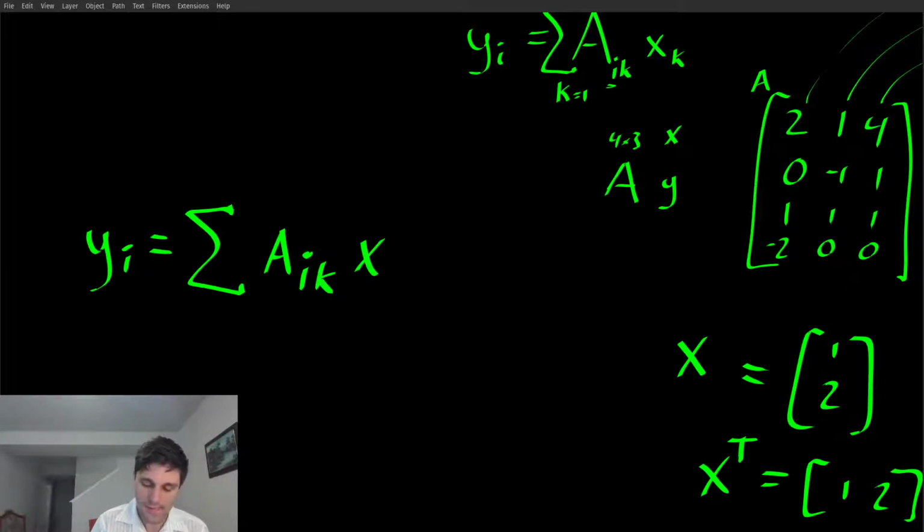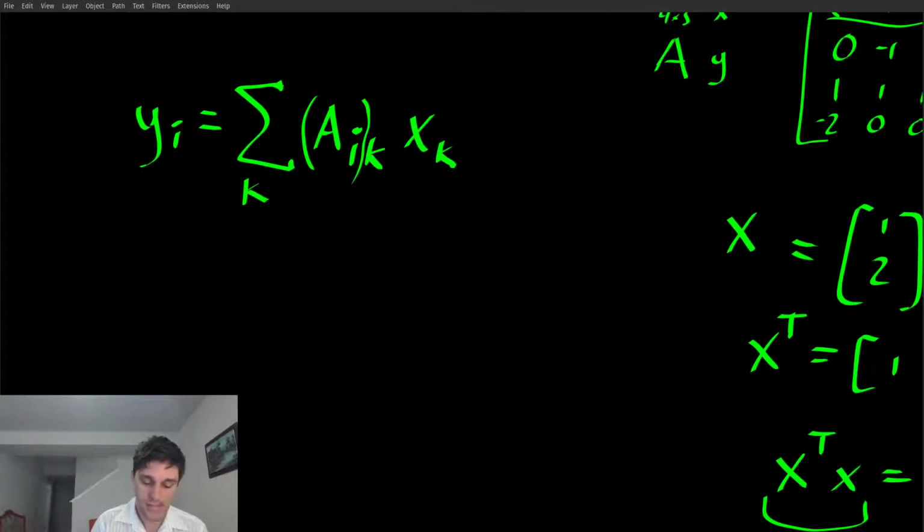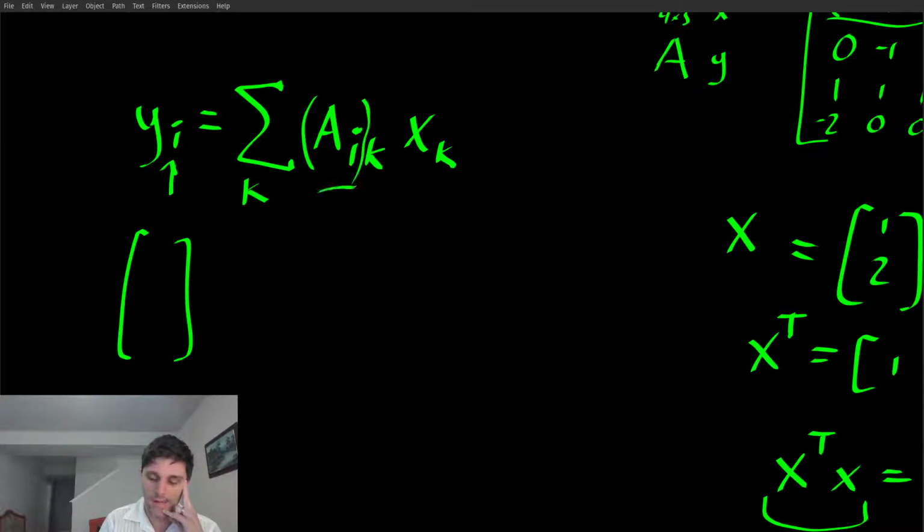And if you think about each a_i as a row, first row, second row, third row, then this is exactly the inner product way of thinking about it that I was just talking about. Each individual element in y is going to be the inner product of the ith row with x, right?